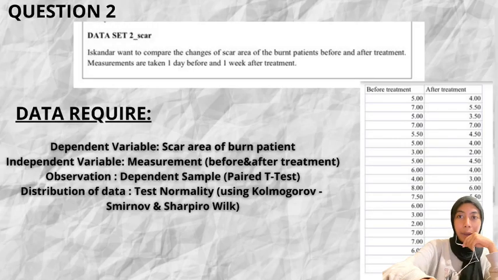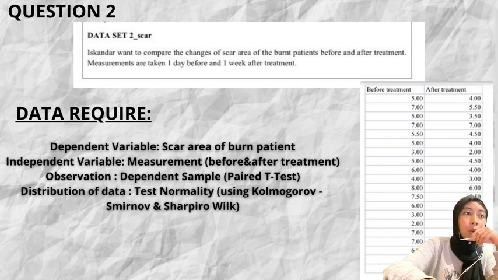Alright, next we proceed to question number 2, which is data set 2 underscore scars. It wants to compare the changes of scar area of burn patients before and after treatment. Measurements are taken 1 day before and 1 week after treatment.